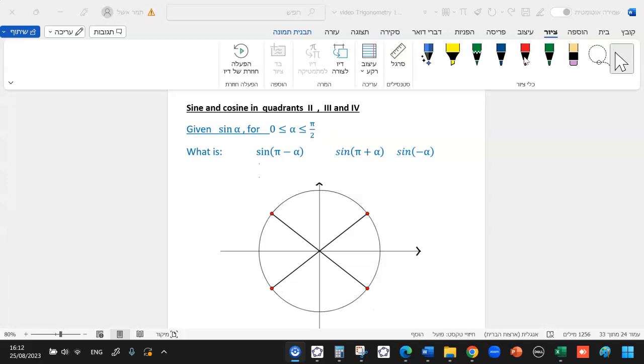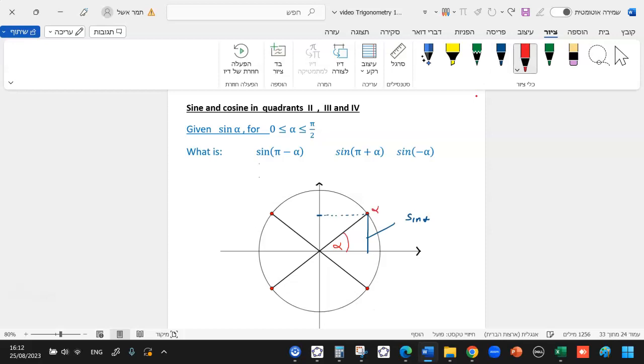We'll start with sine. Say we're given some angle alpha between 0 and pi over 2, say this one, and we're given the sine of this alpha, which is this. This is the y coordinate. And this is sine alpha.